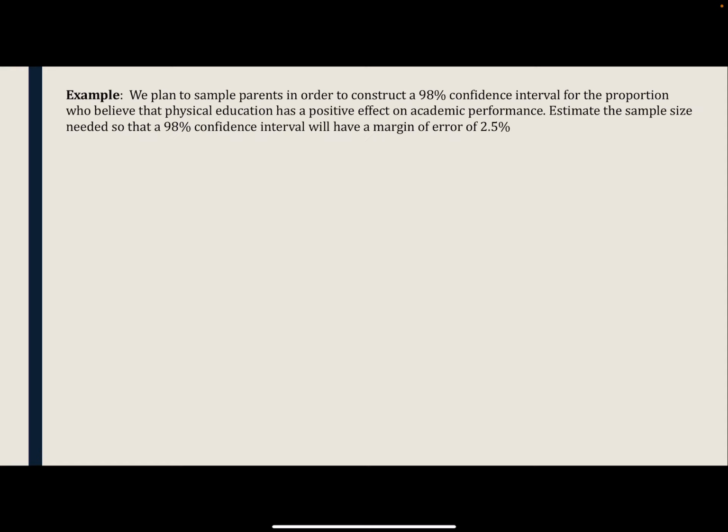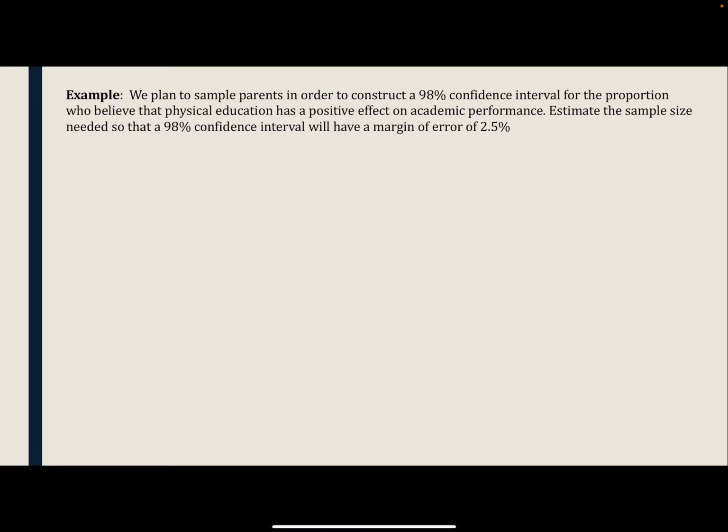Let's try a similar problem. This one says that we plan to sample parents in order to construct a 98% confidence interval for the proportion who believe that physical education has a positive effect on academic performance. Estimate the sample size needed so that the 98% confidence interval will have a margin of error of 2.5%.